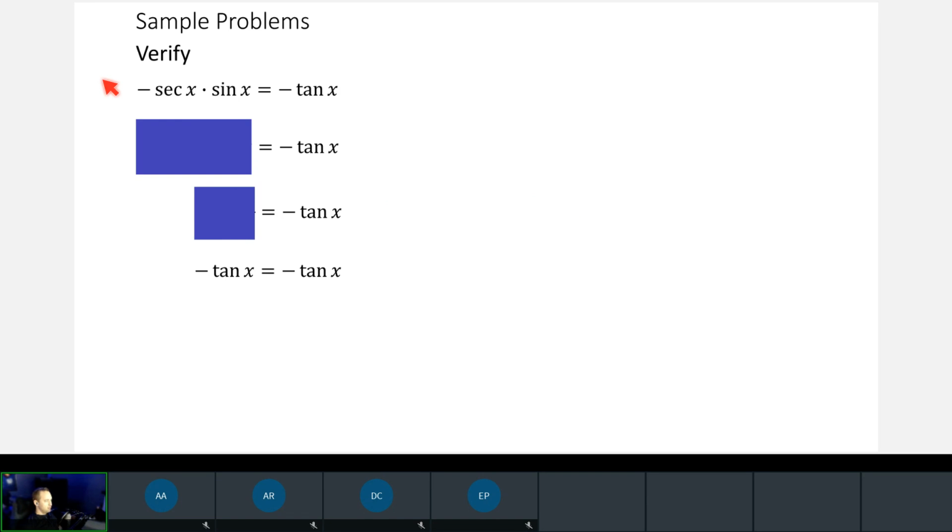All right, I'll give you a minute for this one. This one is pretty quick. I think this is actually probably an easy one.